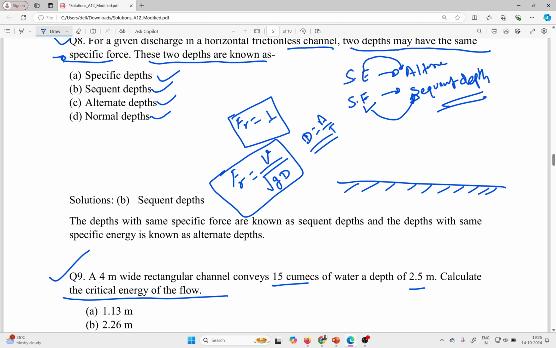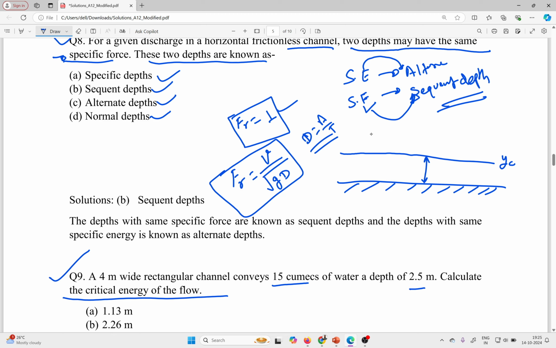If this value comes to exactly 1, then that depth is known as critical depth. That's it about the critical depth.